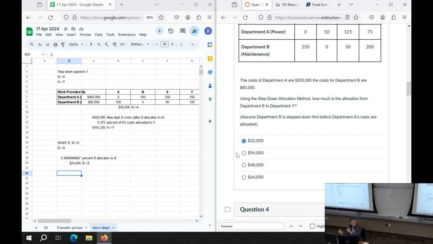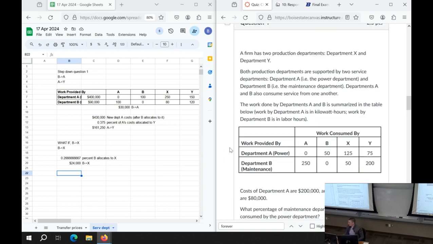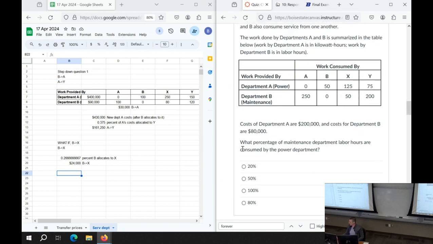So you can do them relatively quickly if you can filter out the unimportant information and know which things specifically to divide. Do you want me to write that one out in the Google Sheet? No? Okay. I won't.